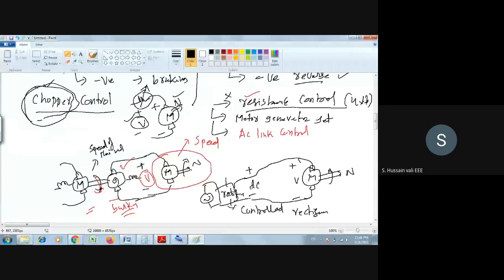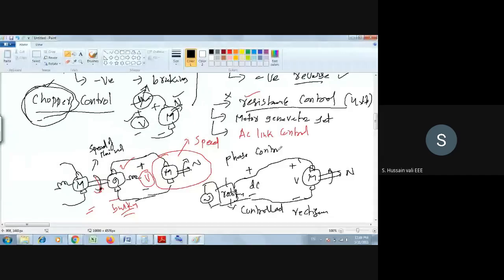This is called a phase control converter. You recall the topic. Phase controlled converters take AC and convert the AC into DC. Inside this box of phase controlled converter you have a set of thyristors, mostly thyristors only.